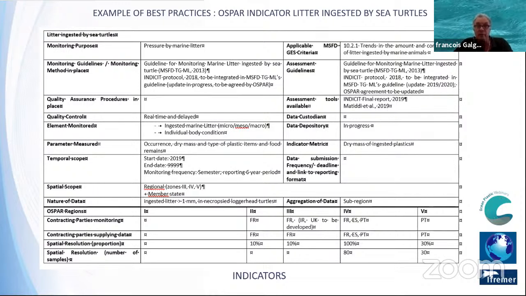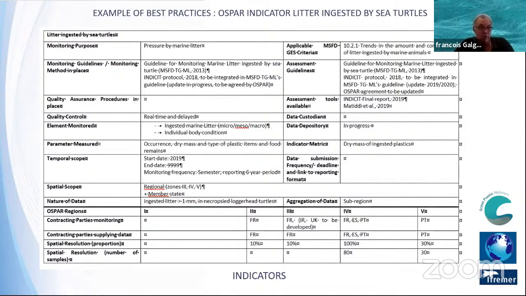OSPAR is a regional sea convention, the conventions of Oslo and Paris, which were merged 30 years ago. They are in charge of monitoring the different indicators for the quality of the environment. One is the ingestion of plastic by fulmar birds, and by sea turtles in the southern part of the Northeast Atlantic.